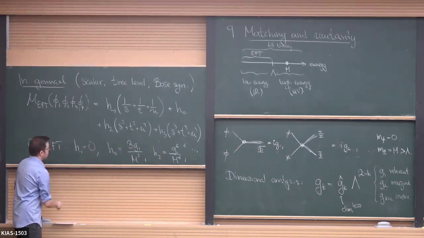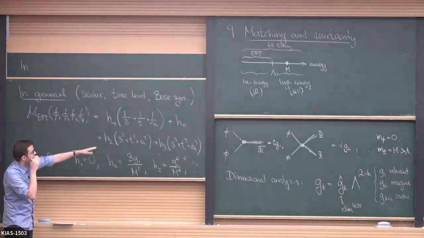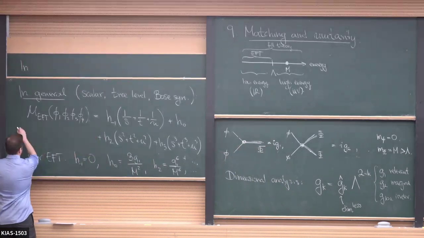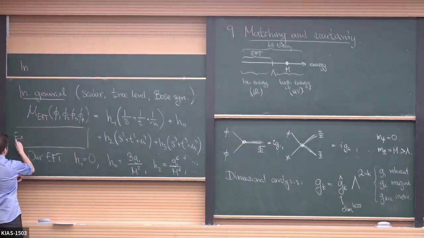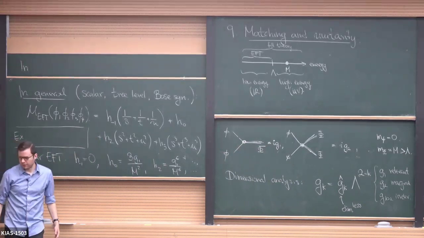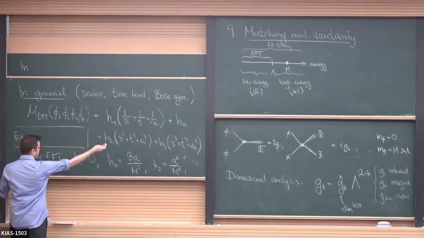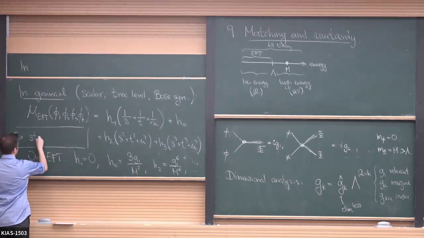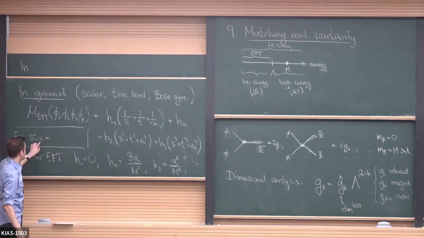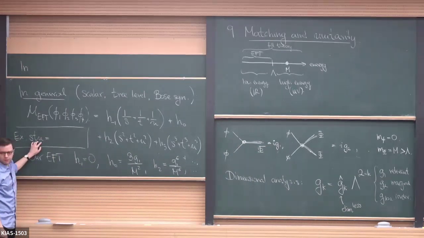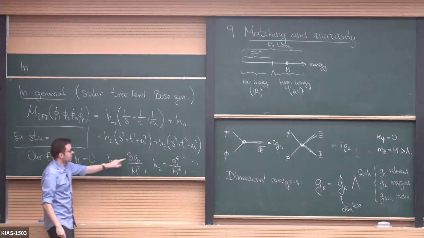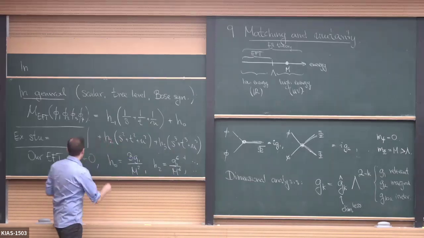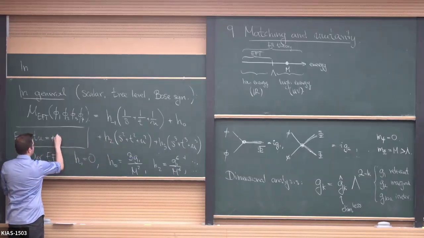The question was, why don't we have different terms? So this is one exercise. Maybe one question was about STU. Okay, clearly I can write STU. But one exercise is that if I use momentum conservation, so write U as -s minus t, it actually is the same as this term in here up to a number.